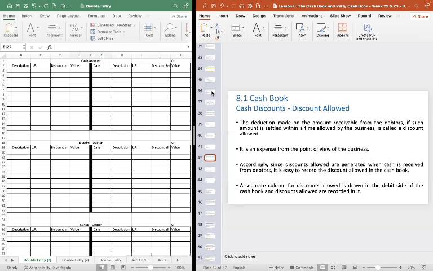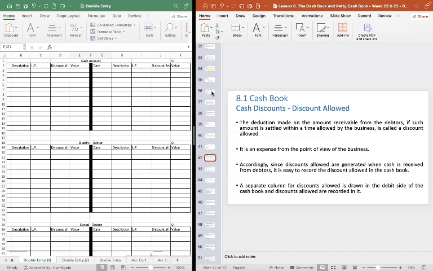Let's say the wholesaler has his cash book and he is collecting the cash. When we are receiving cash, cash is increasing. Increasing cash is an increasing asset. Once you are increasing an asset, you enter a debit entry.